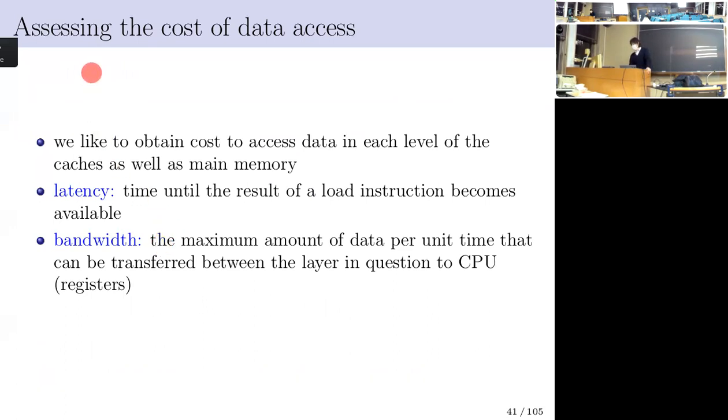I'm going to talk about how to measure the cost of data access. What we would like is to obtain the cost to access data in each level of the cache, as well as the main memory.